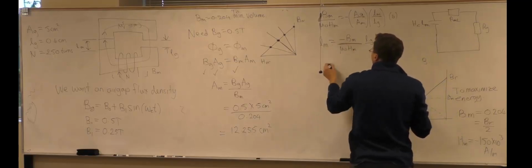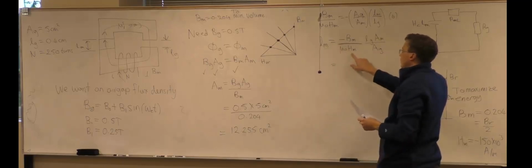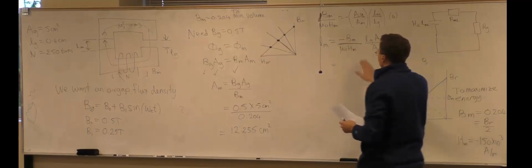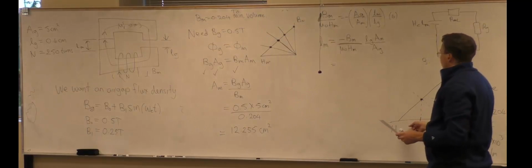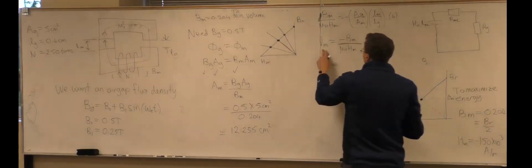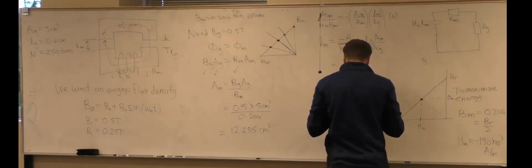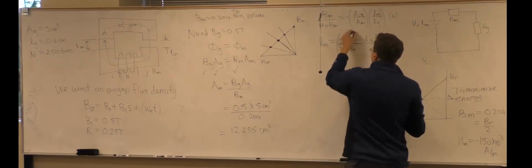The minus goes away because the HM will be in the negative direction across here. It's a negative number, and so that will give us a positive LM. So we can plug in the values.